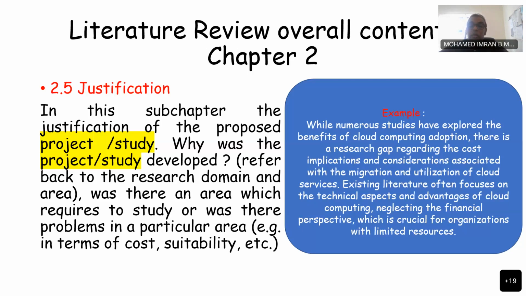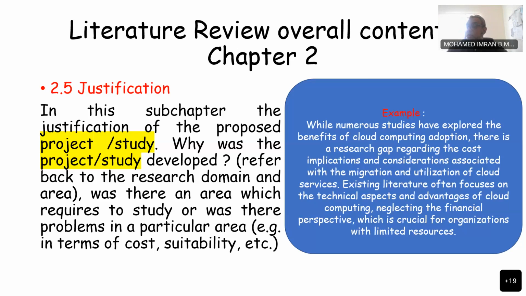Okay, and then furthermore, he also says there are some migration problems and utilization of the cloud services. So he wishes to come up with a cheaper solution to help address the problems that have been highlighted in the literature.